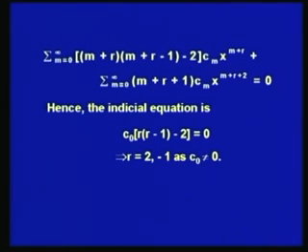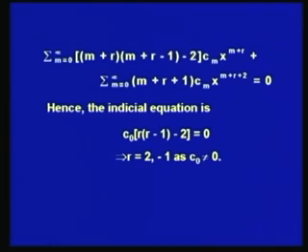When you put m equal to 0 in the first term, you get the power of x as r. In the second term, when you put m equal to 0, you get the power of x as r plus 2. So, the coefficient of the lowest power of x, that is the coefficient of x to the power r, occurs in the first term, and when we equate it to 0, we get the indicial equation C naught (r(r minus 1) minus 2) equal to 0.